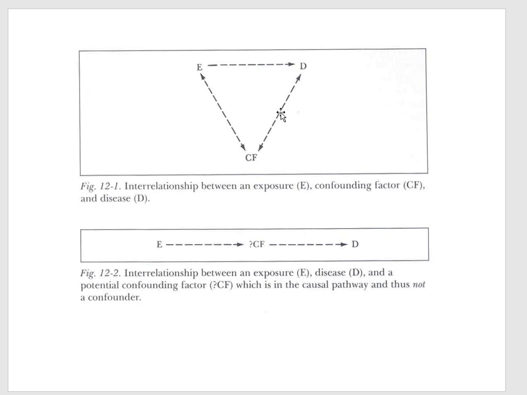It could do the total opposite, where you have an exposure and a disease that are unrelated, but the confounding variable makes it as if they are related, or anything in between. A confounding variable can make a relationship appear stronger or weaker. So a confounding variable can do any kind of thing to the relationship between the exposure and the outcome. And we're going to discuss examples in the next video.